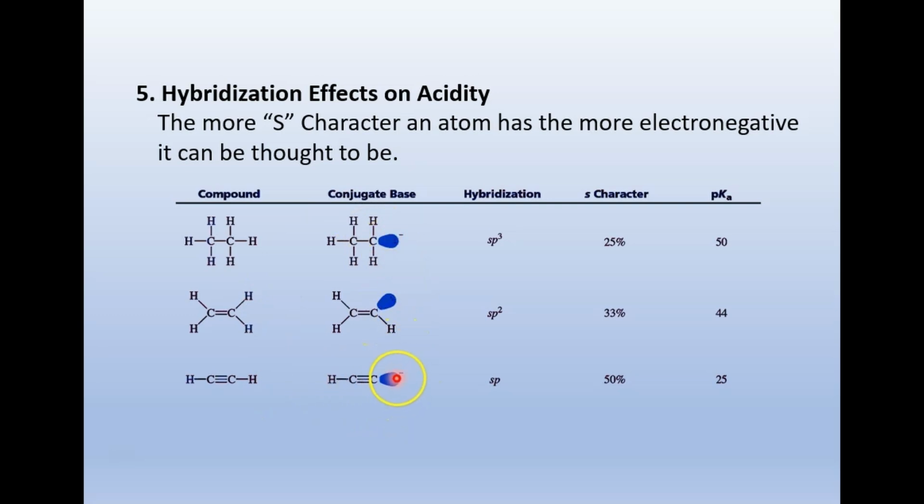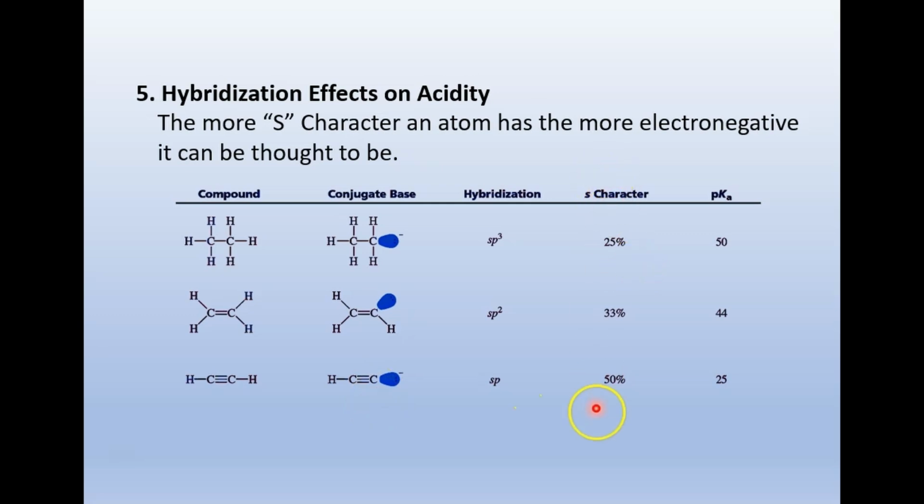So the more stable this conjugate base is than this conjugate base, which makes this more acidic than this alkane. This alkyne is more acidic than this alkane because this negatively charged species is more stabilized because of the hybridization of this atom. We can say it's more electronegative.